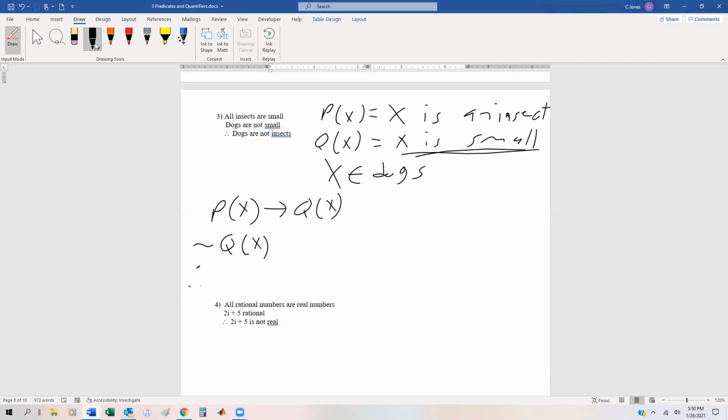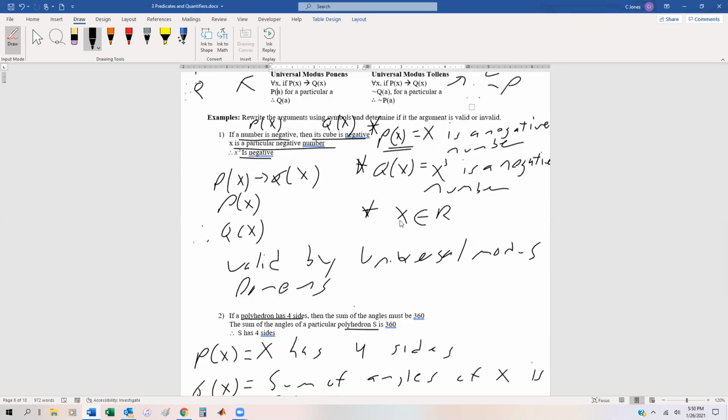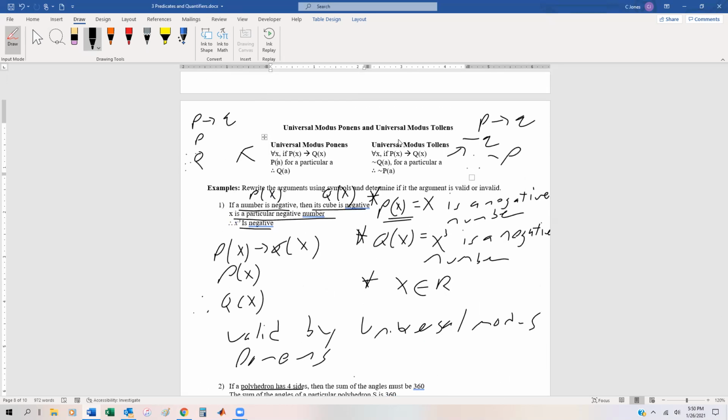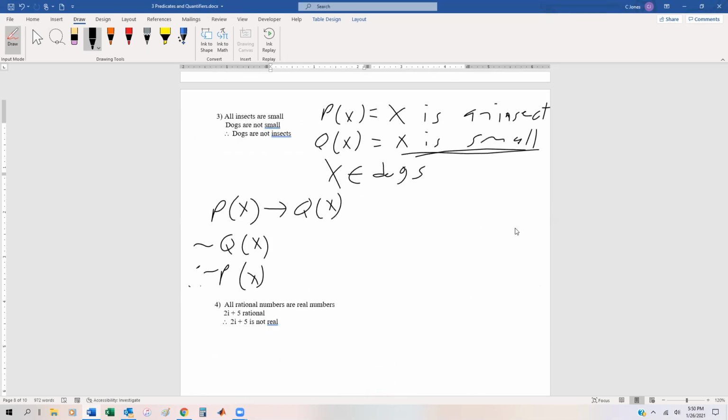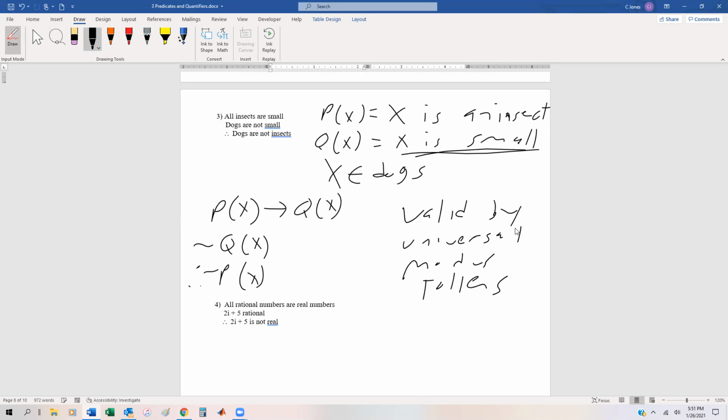So X is in dogs, so we can say not P of X. And I believe that's going to follow our universal modus tollens. So we go back up here, it follows exactly the form of our universal modus tollens. So this is valid by universal modus tollens.